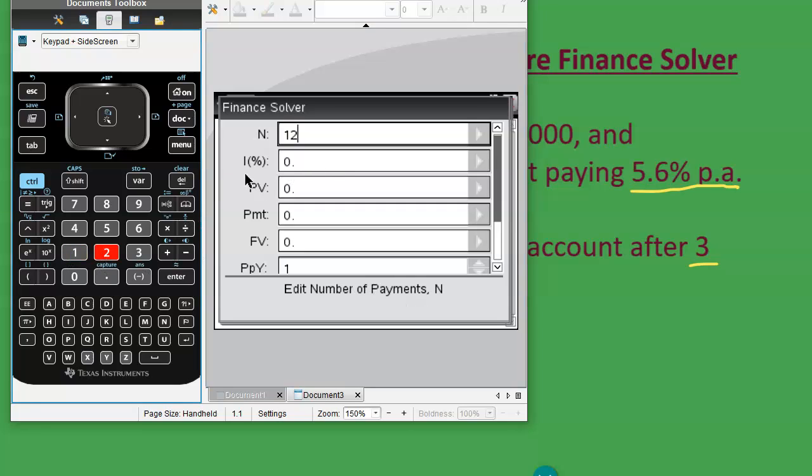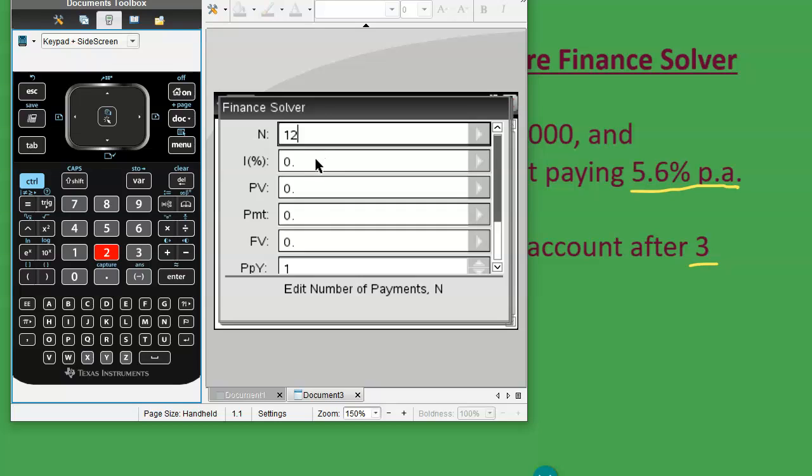Okay. I is the rate of interest, and this you have to be careful about. It is always the per annum rate of interest. If in case you are given the monthly rate of interest or quarterly rate of interest, like in the case of monthly rate of interest, you have to multiply by 12 to get the per annum interest.